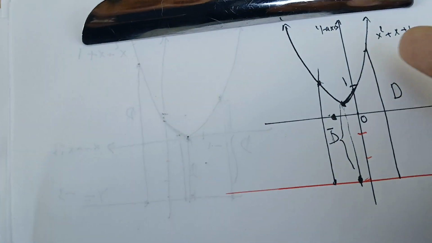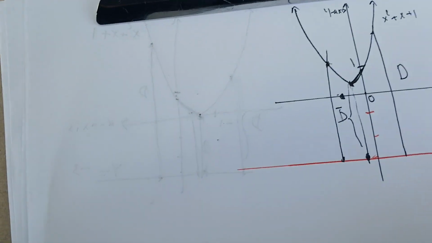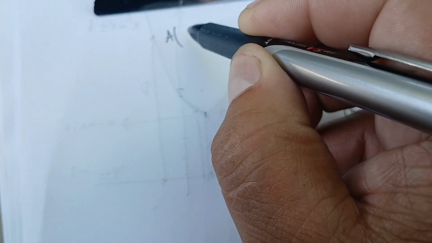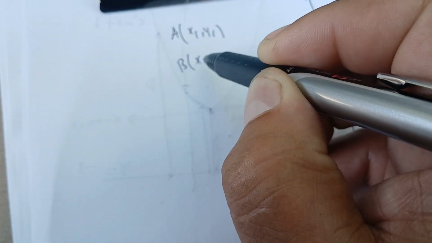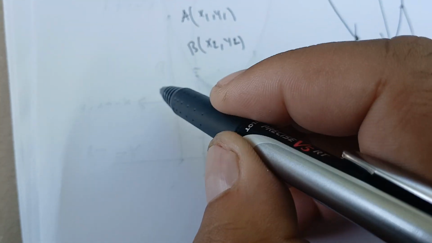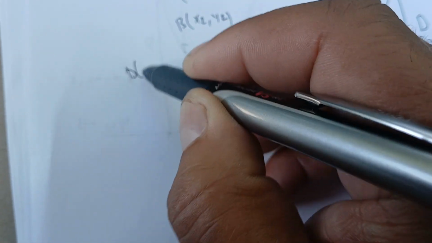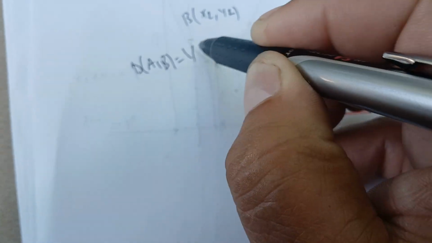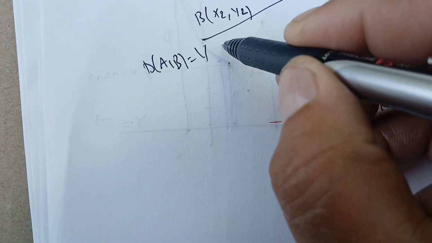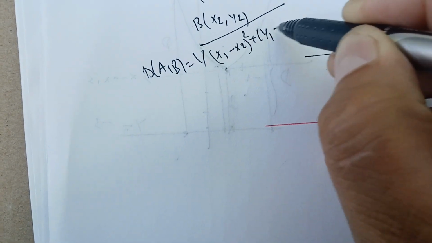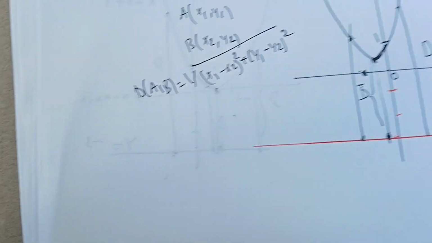To find the expression for the distance, we know that given any two points, let's say point A, which has coordinates x1, y1, and B, which has coordinates x2, y2, the distance between A and B is given by this formula: the square root of (x1 minus x2) squared plus (y1 minus y2) squared.